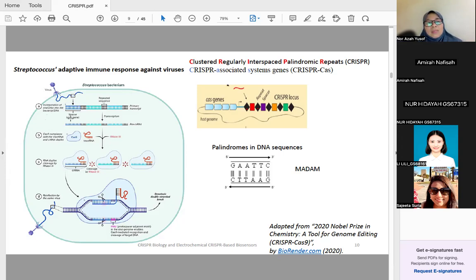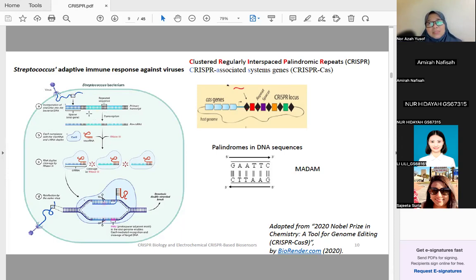So spacer is actually the gene sequence of the virus that has infected the bacteria. I repeat, spacer is the specific gene sequence of the virus that has infected the bacteria. In this case, as an example, Streptococcus bacteria.